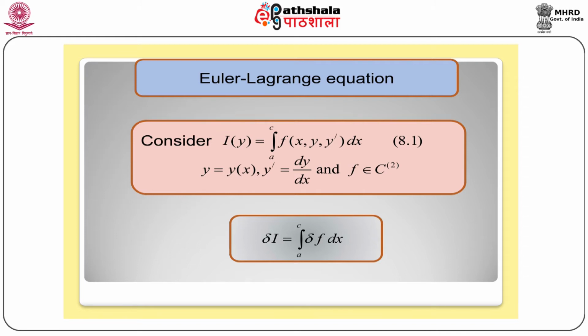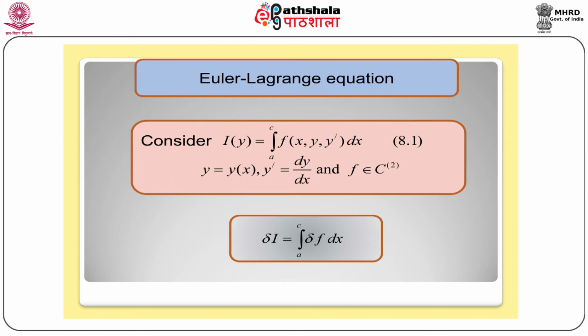I of y is called the functional, and the value of the above integral depends on the function y, which is dependent on x. You can clearly find it from 8.1. By a functional, we mean a quantity whose values are determined by one or several functions.